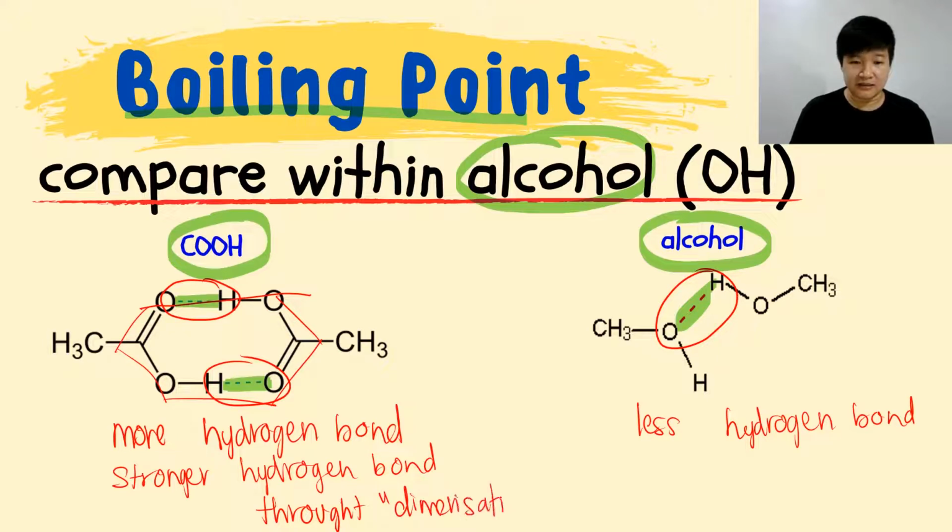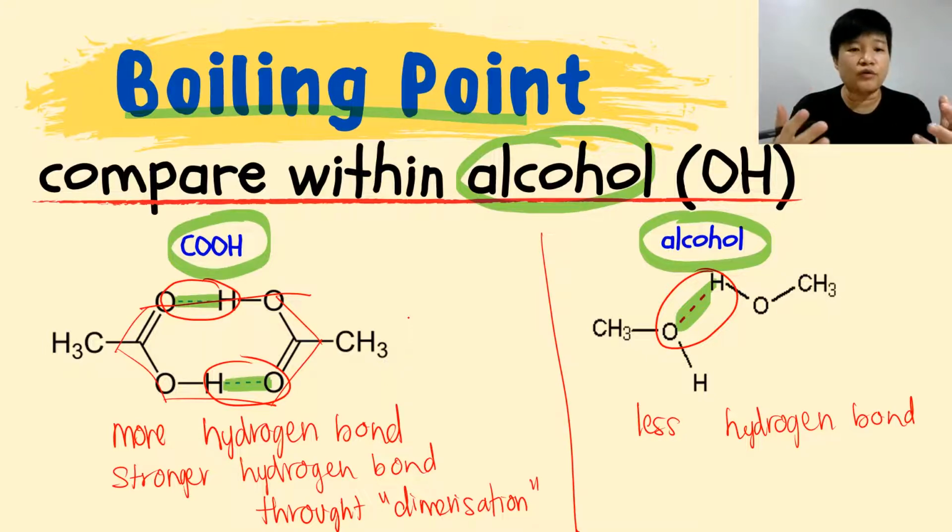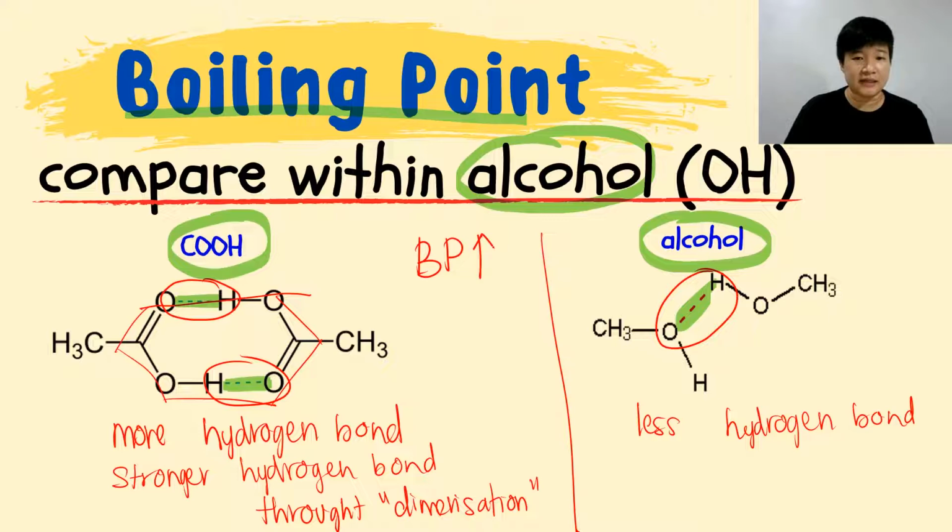dimerization. Okay? So bear that in mind. Carboxylic acid is not only able to form more hydrogen bond, it will also be able to form stronger hydrogen bond through dimerization. And looking at this, carboxylic acid and alcohol, which one do you think have higher boiling point? Obviously, your boiling point of carboxylic acid were higher compared to the boiling point of your alcohol, with one condition that have similar molecular mass.